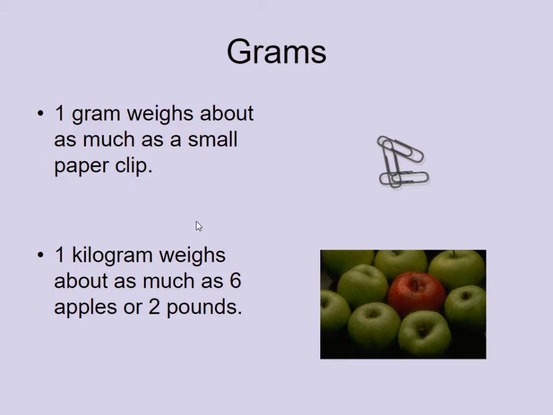So when you're measuring your weight, or you're measuring something that is of great weight, you will be using kilograms because that matches up better. So a kilogram is about 2 pounds, meaning you're looking at probably 1.9 pounds.